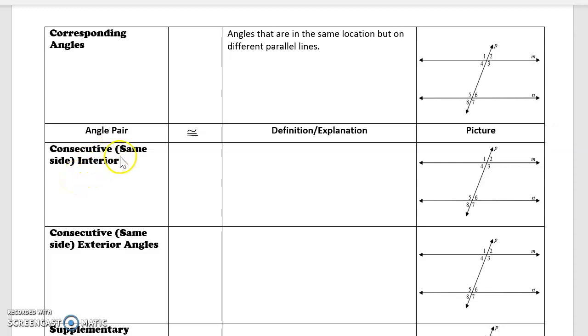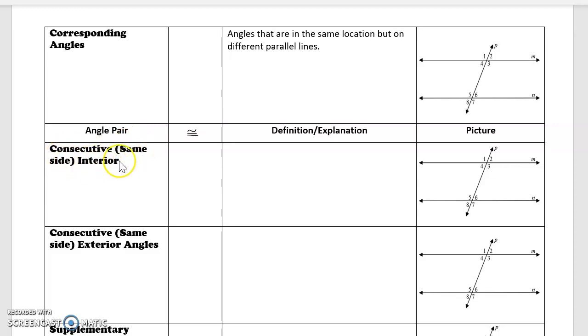All right, let's go to consecutive same side interior angles. To me, this tells you the definition. So I want you guys to think about what it's saying. Consecutive same side interior angles.